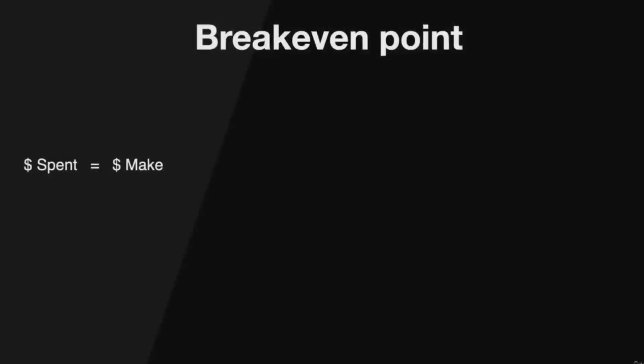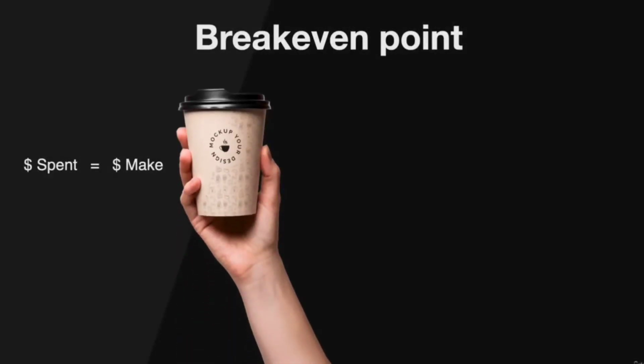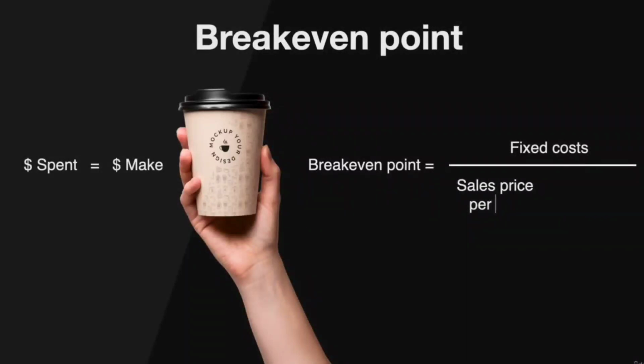So for example, if our product is coffee, we should know how many coffees we must sell every month to pass the break-even point, and after that we make profit. So here is a formula for calculating break-even point. Break-even point is equal to fixed cost that we have on our business divided by sales price per unit minus cost per unit.